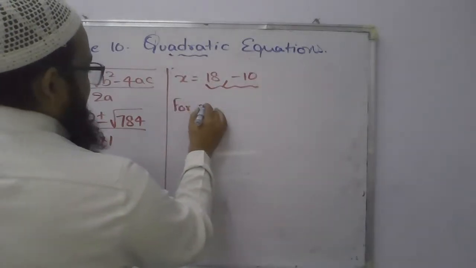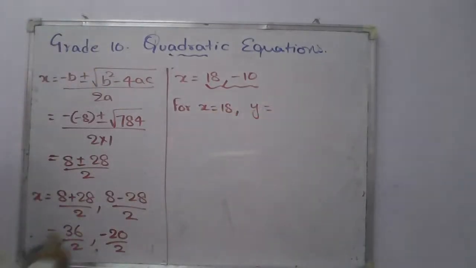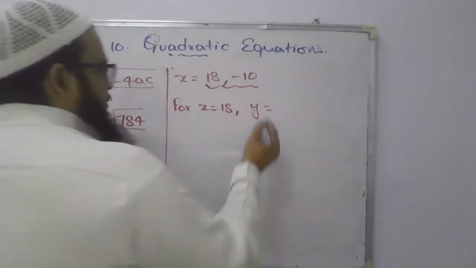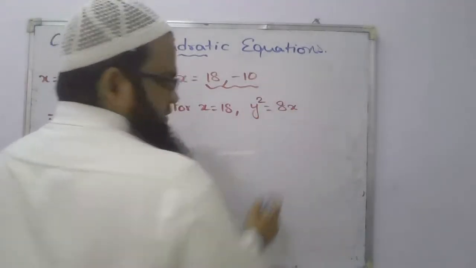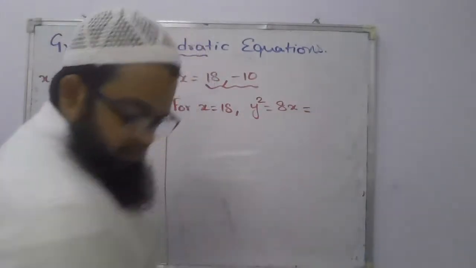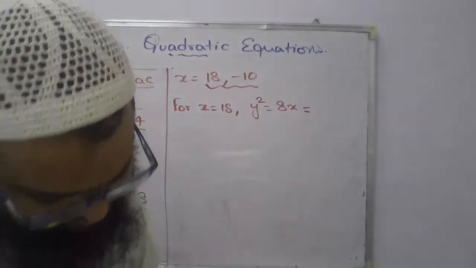So for x is equal to 18, what is y? We have y square is equal to 8x, right? Is it right? Wait a minute, what is the question? The square of the smaller number is 8 times the larger.